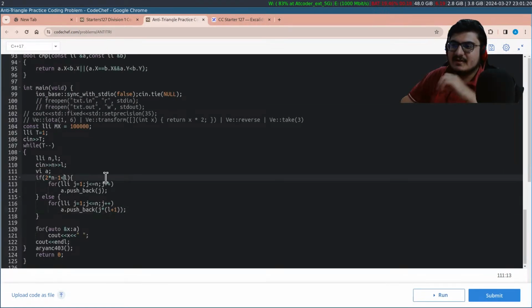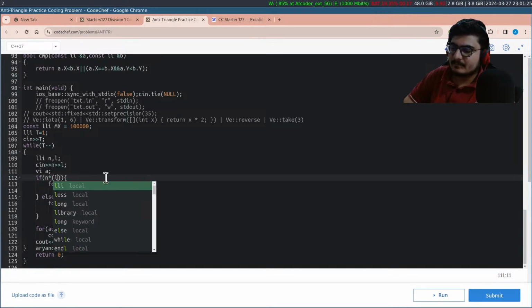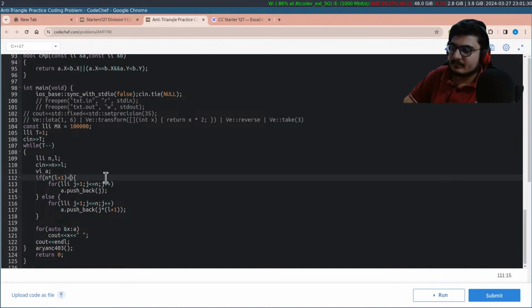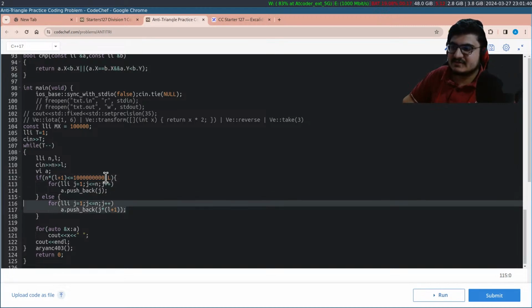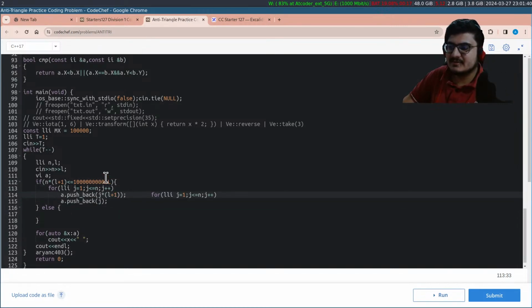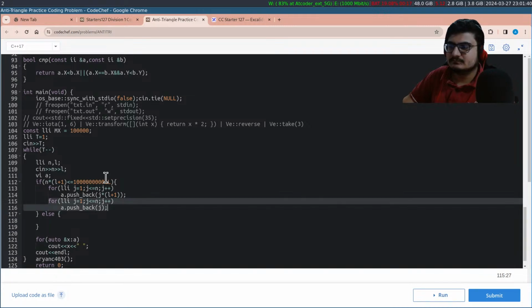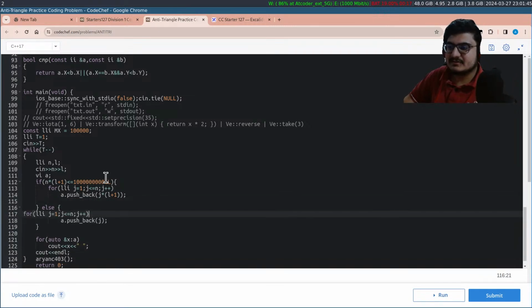Another way we can do it is, if n into L plus 1 is greater than the limit, we can print these numbers. Otherwise, we can print these numbers. This idea will also work.